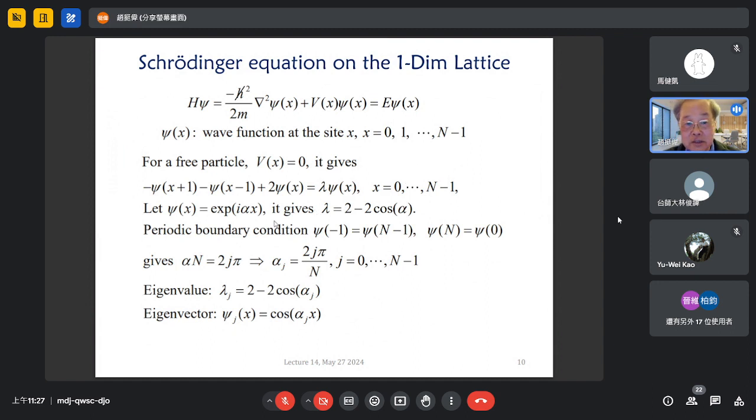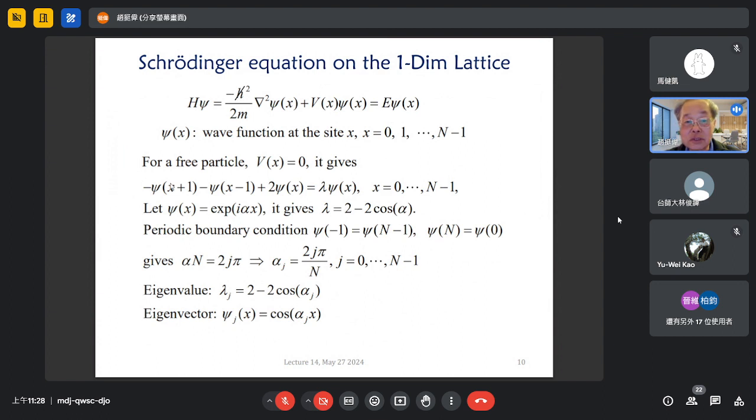And analytically, I can solve this problem. Say I set psi(x) equal to exponential i alpha x. Then after I put psi(x) in here, I obtain lambda equal to 2 minus 2 cosine alpha. So it's easy to obtain the eigenvalue. You try this: you put this inside, then you immediately get the eigenvalue.